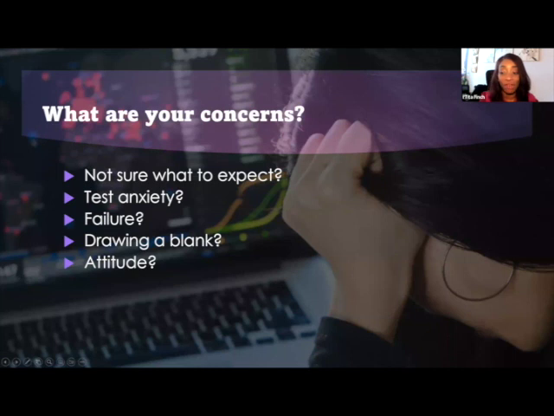Give yourself words of encouragement like, you're well prepared for this test. You got this. You've been rocking those flashcards for the last 2 weeks, girl. Be positive, pep yourself up, encourage yourself, okay? And answer the questions that you know first.